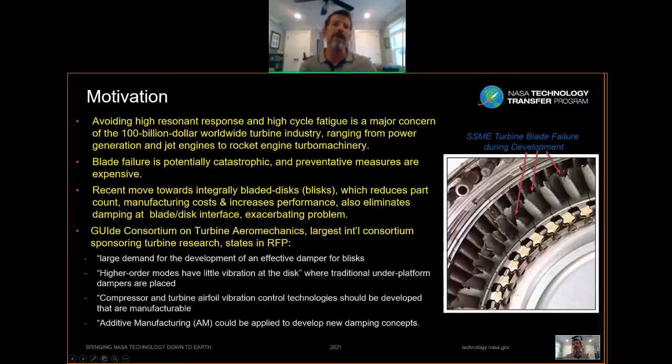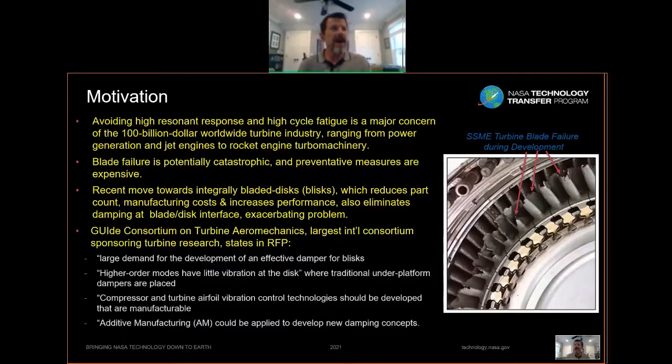Before, there was a mechanical interface between the two, which, when the blades jiggled under loading, would provide damping, which would reduce the resonant response. So with these blisks, where it's a single disc with blades machined out of it, you no longer have that damping. So that has exacerbated this problem.